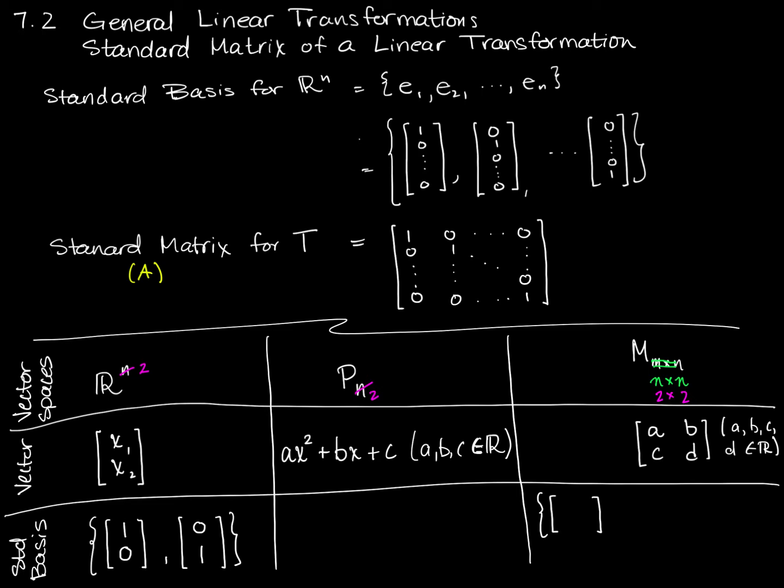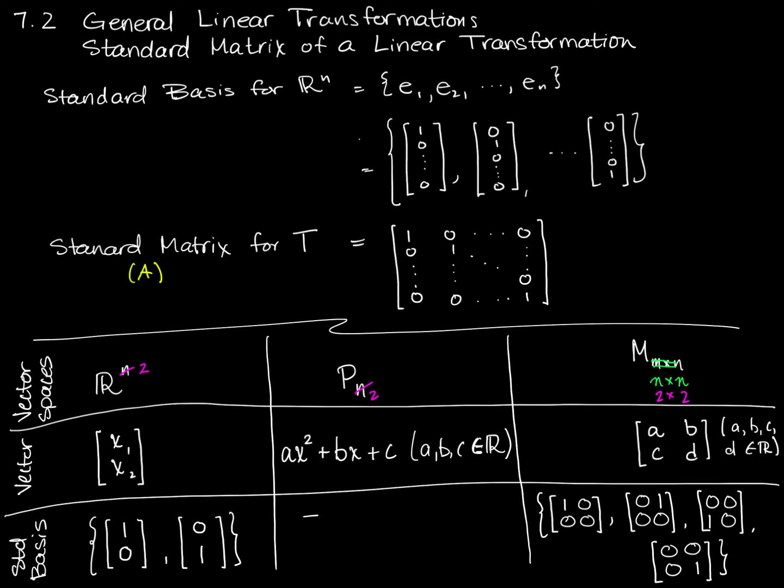Each one has a unit in one of those positions and zeros everywhere else. So I have a 1 in row 1 column 1, row 1 column 2, row 2 column 1, and row 2 column 2, and zeros everywhere else. And that's a standard basis for 2 by 2 matrices.